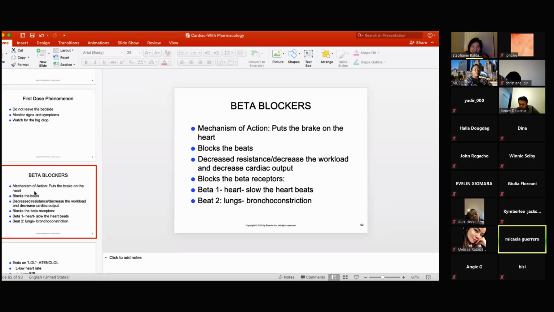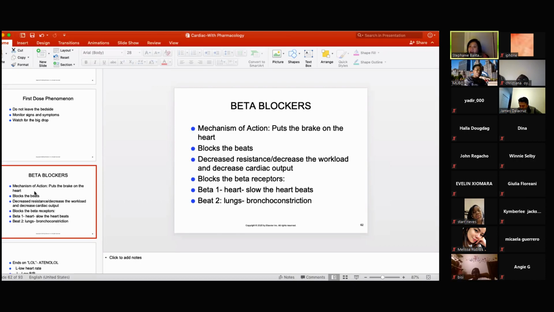Now, beta blockers block the beats. They put the brakes on the heart. They're blocking the beats, trying to lower the workload of the heart.